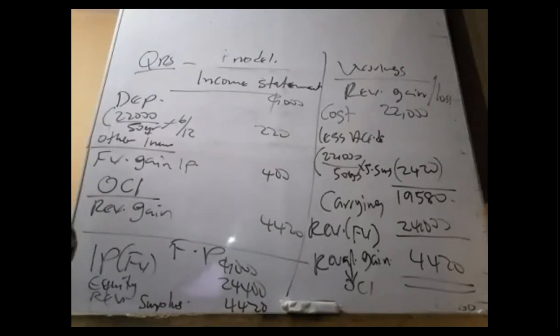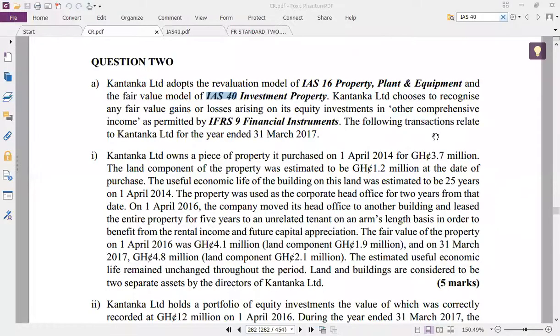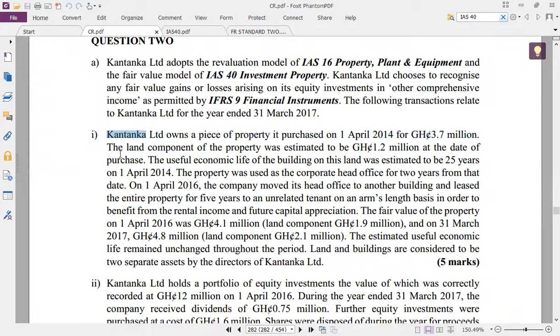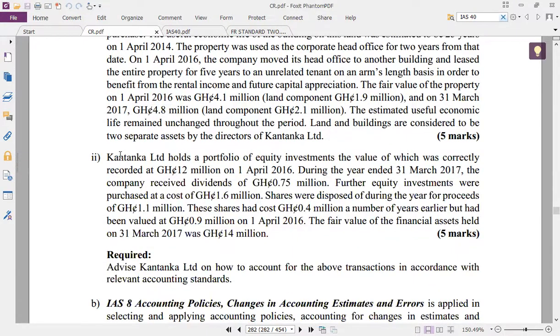Question 2, part (i). The question is asking you to advise on the method of accounting for the above transactions in accordance with the relevant accounting standard.